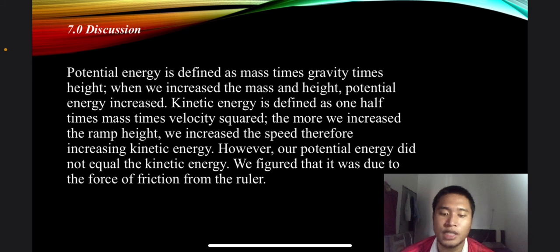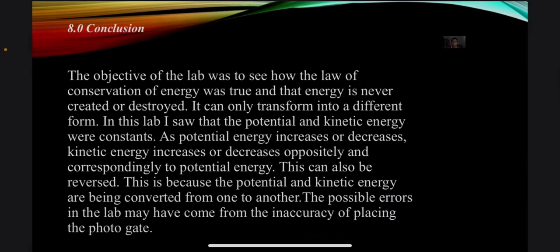When we increase the mass and height, potential energy increases. Kinetic energy is defined as 1/2 times mass times velocity square. The more we increase the ramp height, the more we increase the speed, and therefore kinetic energy increases. However, our potential energy did not equal the kinetic energy.